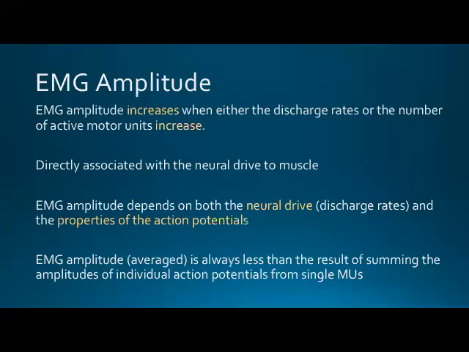So if you're recruiting a little bit of muscle to pick up an empty box, you're using your base level, low threshold, slow type motor units, and the surface EMG might not pick up those signals. That means if you're doing a low level contraction versus a high level contraction, the EMG signal may not show any change because it's not showing the difference accounted for by those low level motor units.